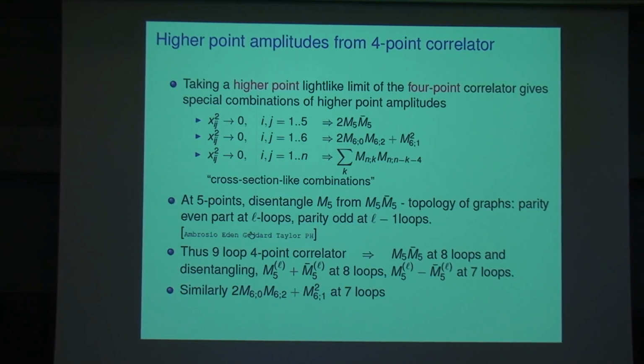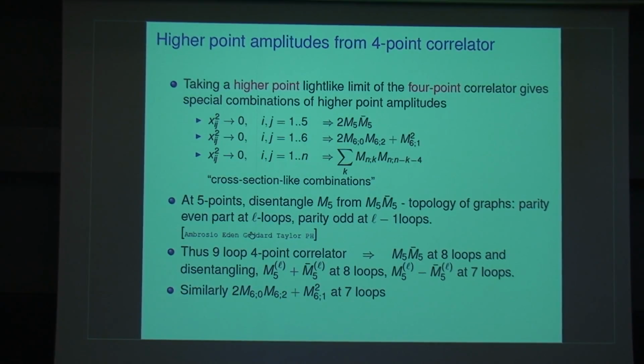I want to emphasize something right at the end here, which hasn't been emphasized enough, I don't think, which is that this 4-point correlator, in fact, can give higher point amplitudes, or at least it can give information about higher point amplitudes. So the first thing is that if instead of taking a 4-point light-like limit, if I take a 5-point light-like limit, and I get the combination of the 5-point MHV amplitude times the 5-point MHV bar amplitude.